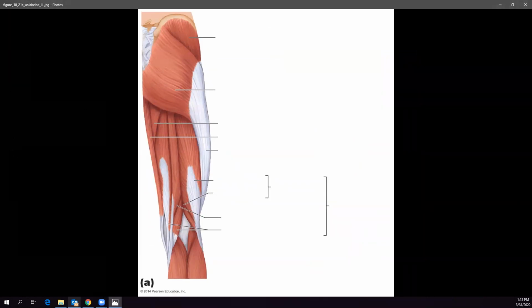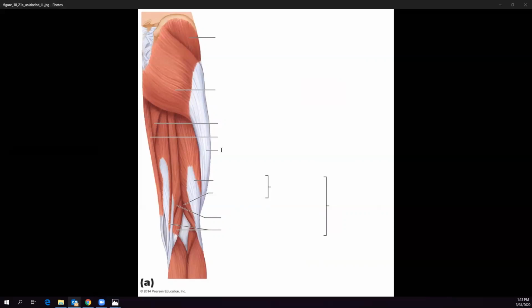So back to the back side of your leg, this is called the IT band, the iliotibial band. And then there's a muscle that it's attached to, but we can't see it in this view up here.